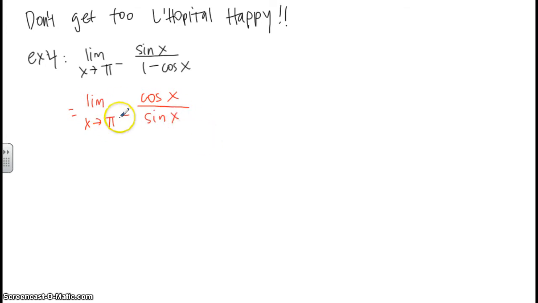Now, as x approaches pi from the left-hand side, cosine of pi becomes negative 1. Sine of pi from the left-hand side becomes 0, but it's actually a really small fraction.